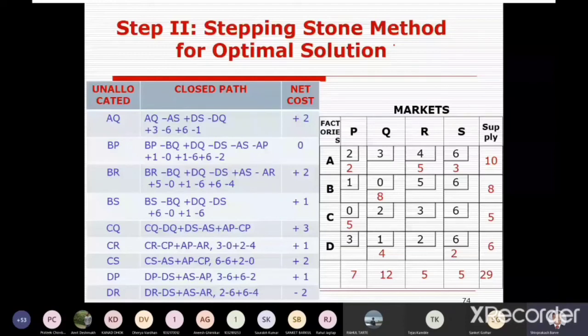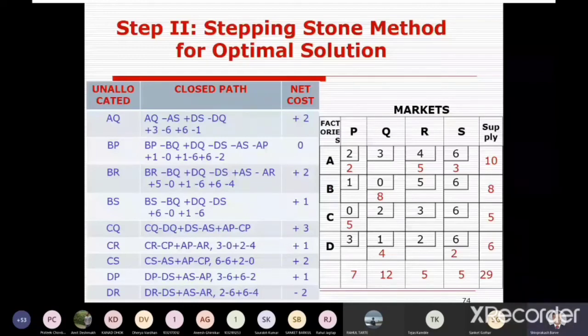In the stepping stone method, for the unallocated cell, I have to make a closed loop. This is a 4 by 4 matrix, which means we have 16 cells, and out of 16, 7 cells are allocated some units. So I have 9 other cells which are unallocated cells.